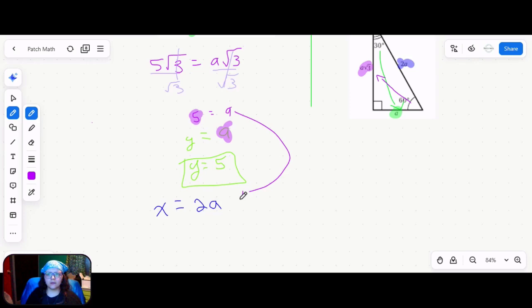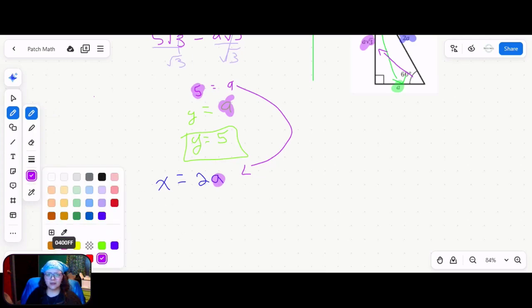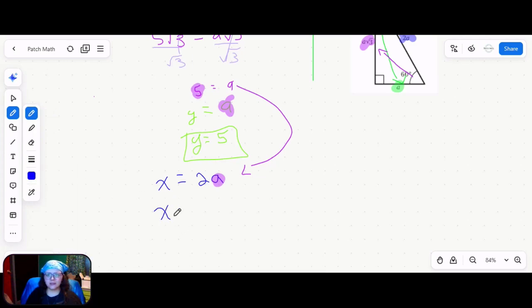Bring that fact on down. a is equal to 5. We substitute that a in there, and we get x equal to 2 times 5. 2 times 5 is 10. And so x is equal to 10.